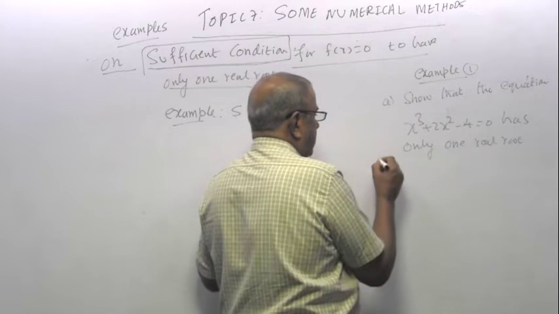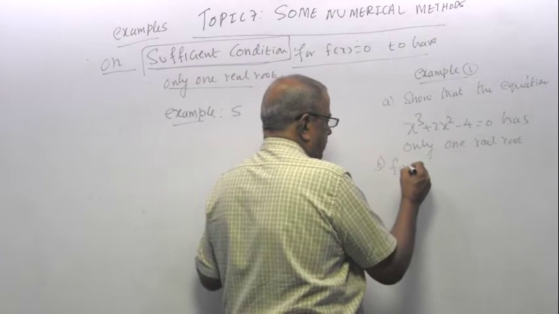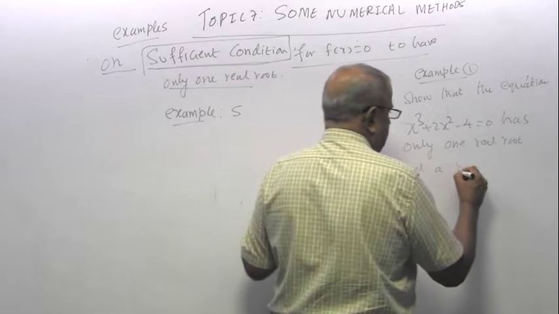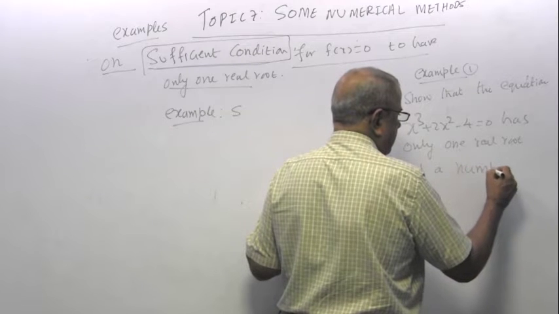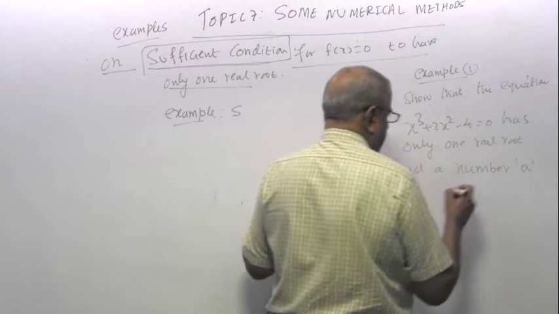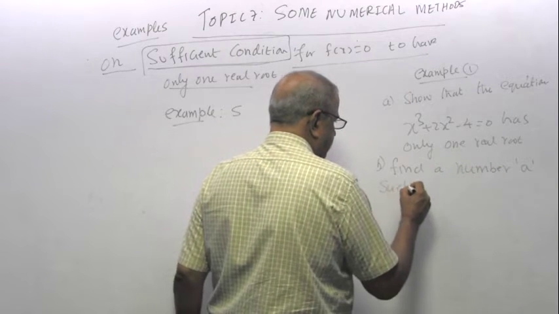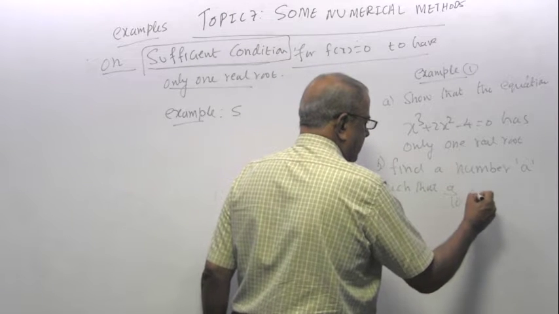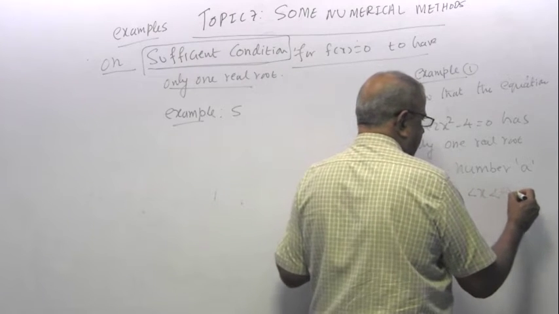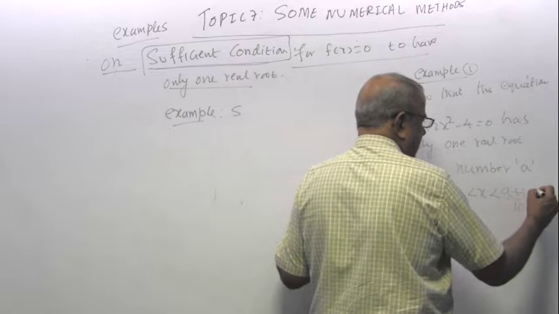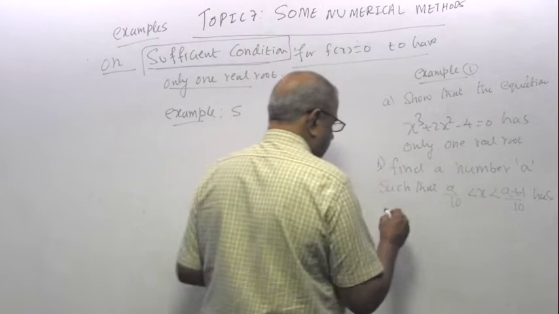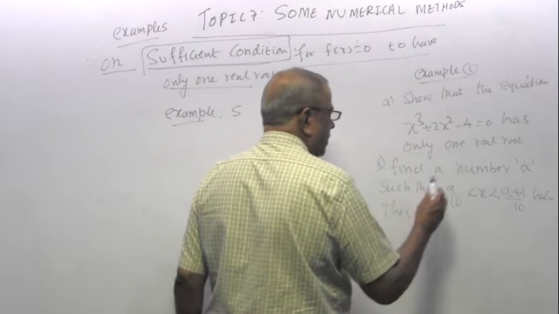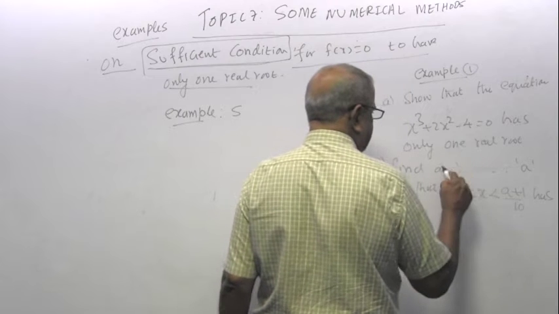That's part A. Part B, find a number A such that A over 10 less than x less than A plus 1 over 10 has this root. Find an integer A.